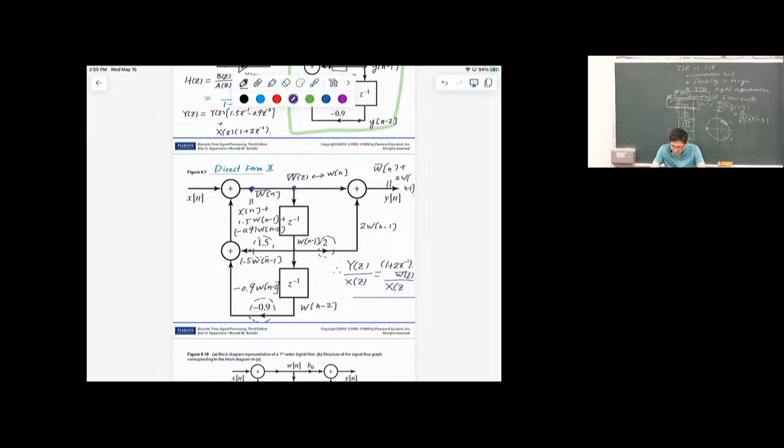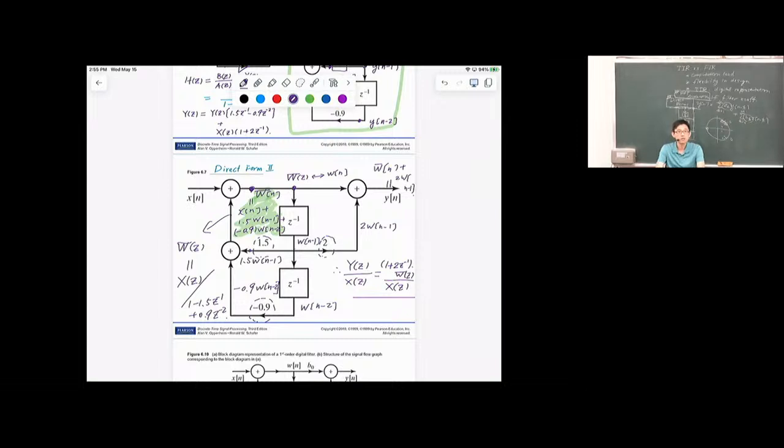But W(z) divided by X(z), you can figure that out by looking at this expression. Maybe let me highlight it right here. This tells you about the relation: W(z) is equal to X(z) divided by 1 minus 1.5 z inverse plus 0.9 z to the minus 2.